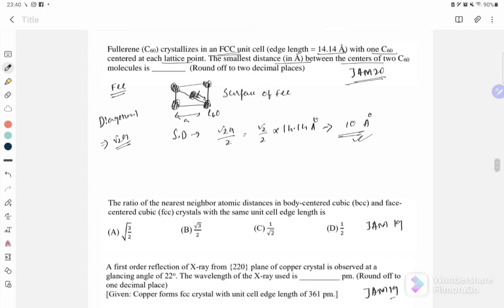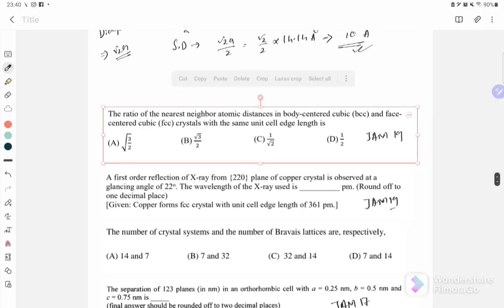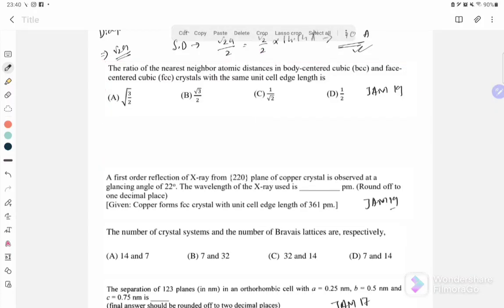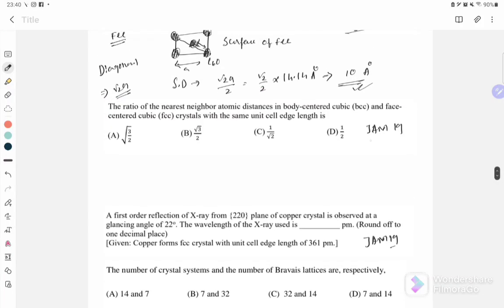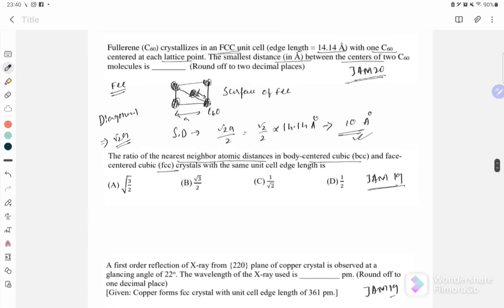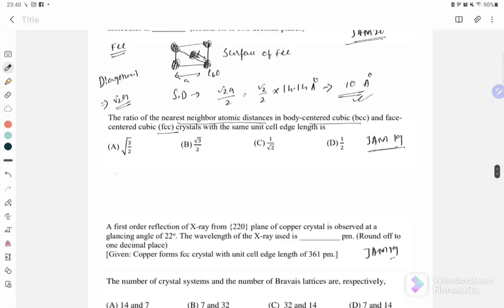Our next question came in JAM 19. The ratio of nearest neighbor atomic distance in BCC and FCC. For BCC, the smallest distance is root 3a by 2, the body diagonal. For FCC, the smallest distance is the surface diagonal, root 2a by 2.